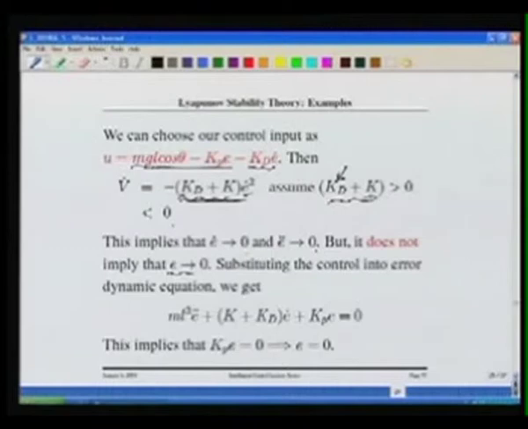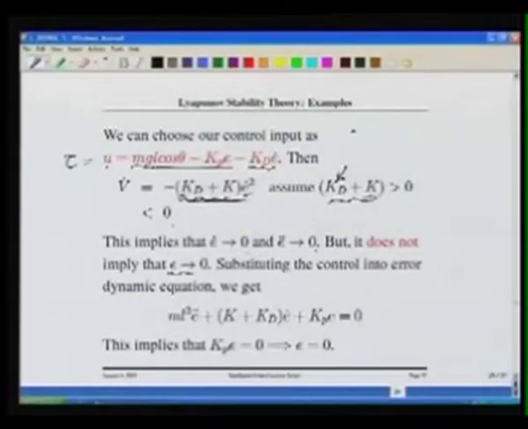So we take this control input and replace it in our system. Normally the control input is denoted by u, but actually this is tau, and our actual system is theta double dot ml square plus k theta dot plus mgl cos theta equal to tau.